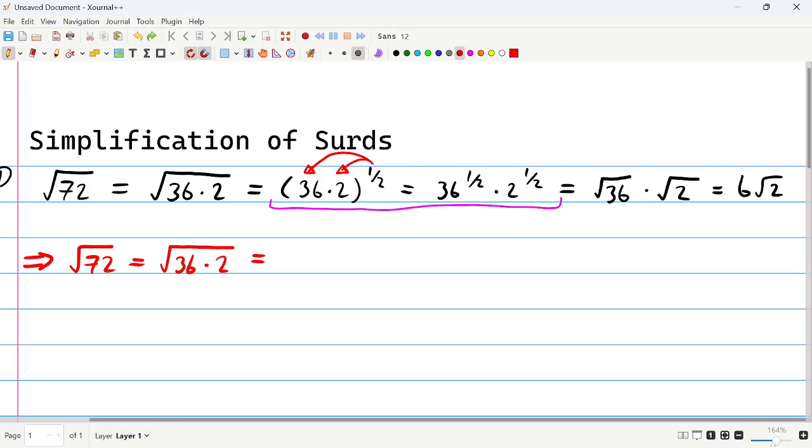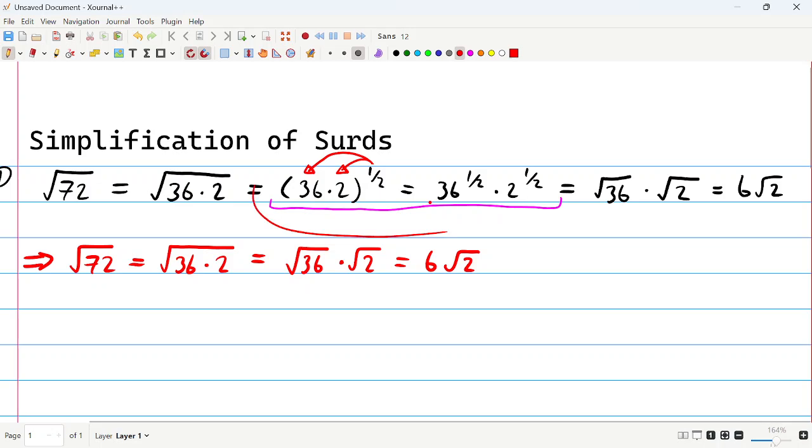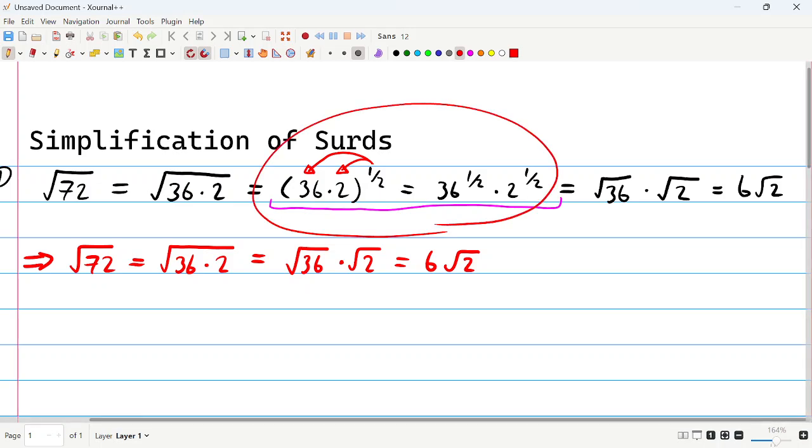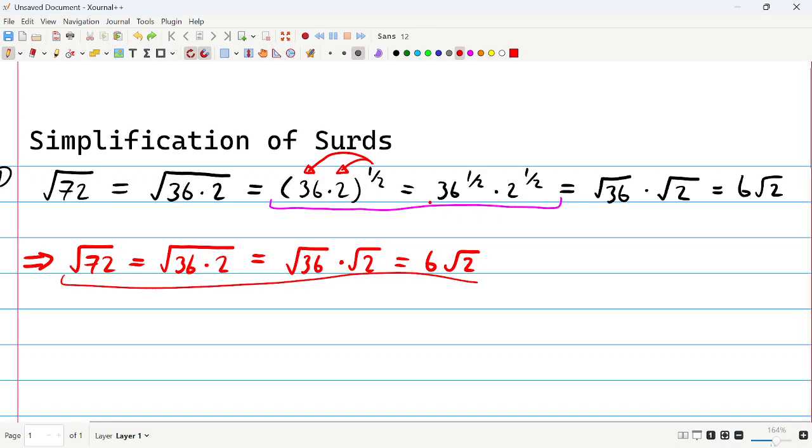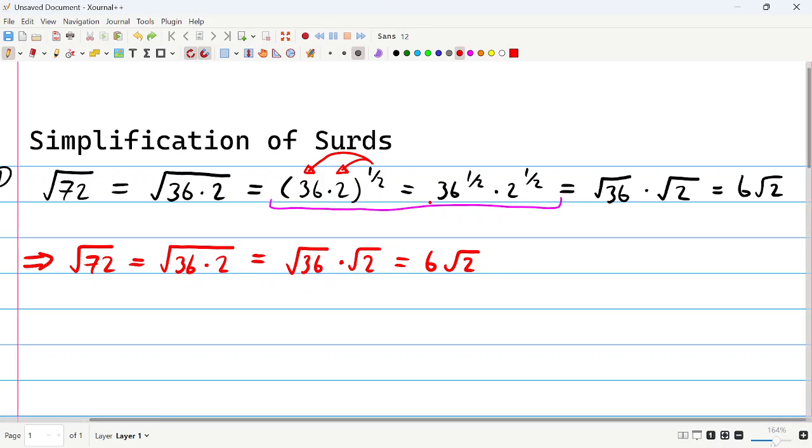If there was also a division sign, we could also further simplify it from there. But from here we can go straight into the breakup multiplied by root 2, and therefore this will also give us 6 root 2. But I'm trying to show the steps on why this property works. So usually you would use this step right here. Okay, that was the first one.